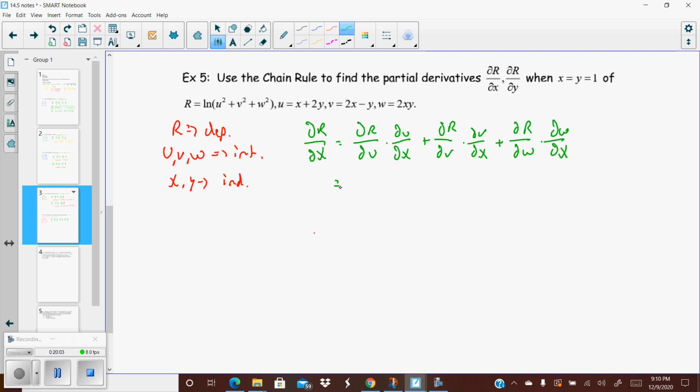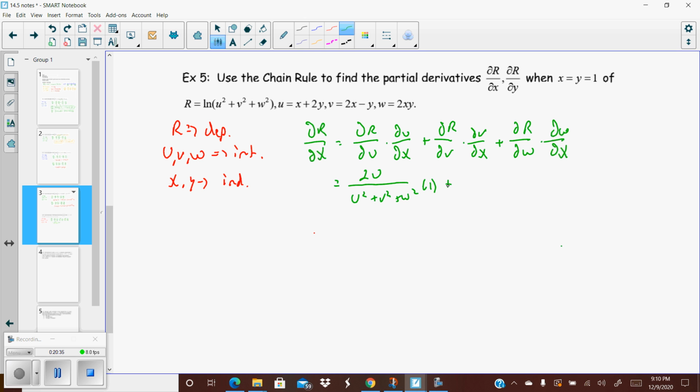So let's see what we're going to get here. First one, the partial of r with respect to u. It's going to be 1 over all of that stuff times 2u. So it's 2u over u squared plus v squared plus w squared times du dx, which is going to be 1, plus partial of r with respect to v.